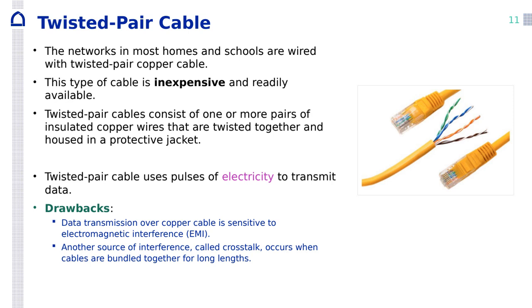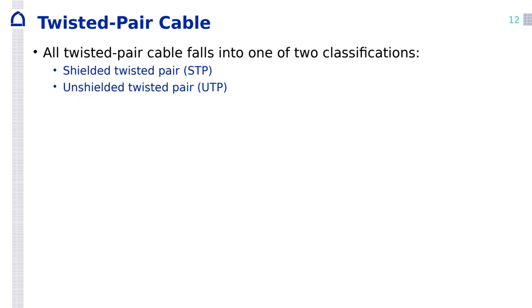But what are the disadvantages? It is sensitive to EMI, and another source of interference called crosstalk. We already explained crosstalk. That's why we twist the wires, to try to avoid crosstalk.